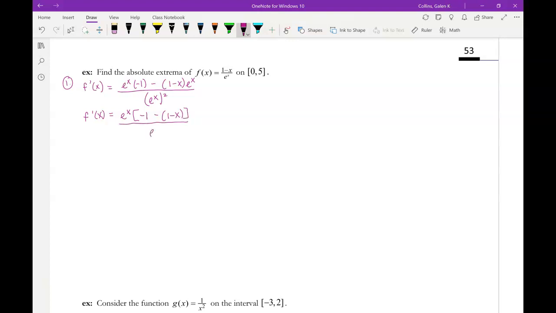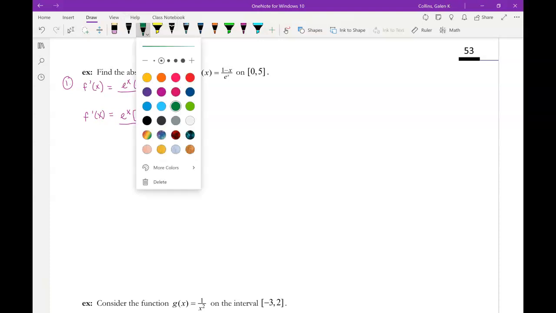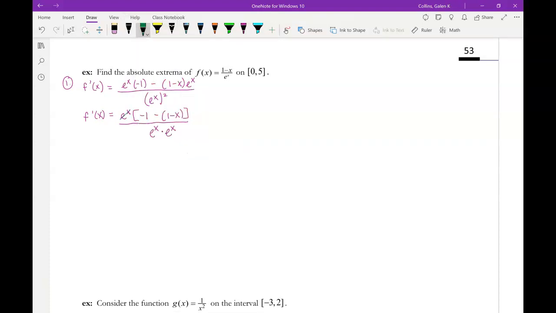And that's still over e to the x squared, which I'm going to write as e to the x times e to the x, because we can now divide out a common factor of e to the x from the numerator and the denominator.